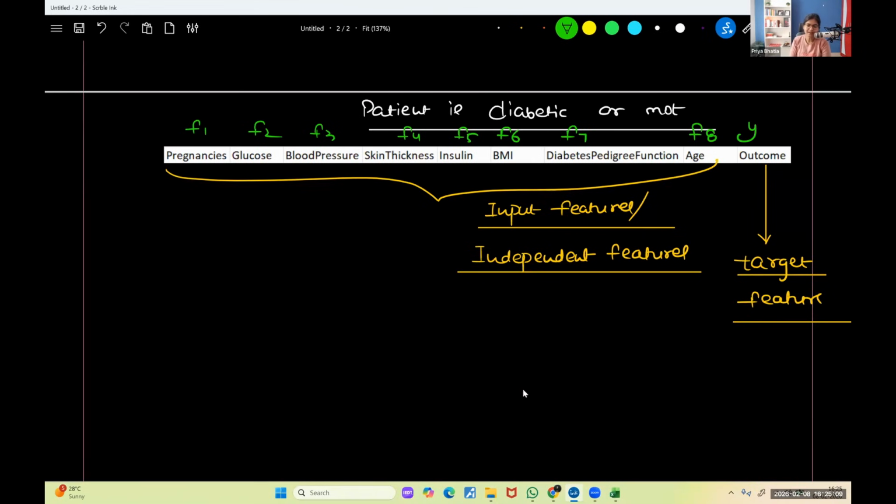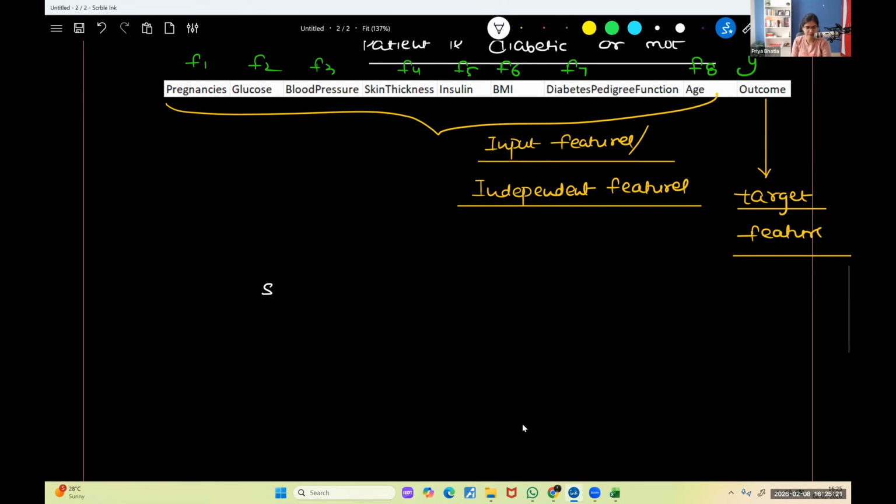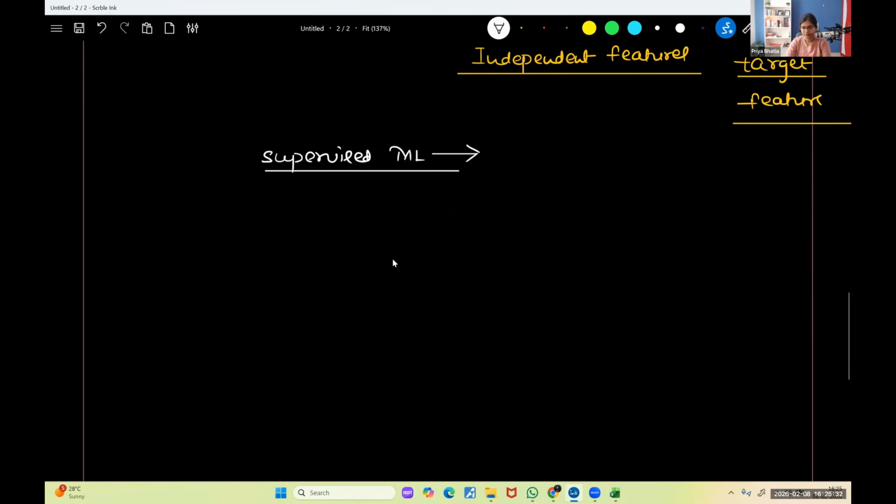Now, whenever you have the target column available in your data, that is what we call a supervised problem. What is the meaning of supervised problem? In machine learning, we will be having two categories. One is called supervised machine learning. Another one is called unsupervised machine learning.